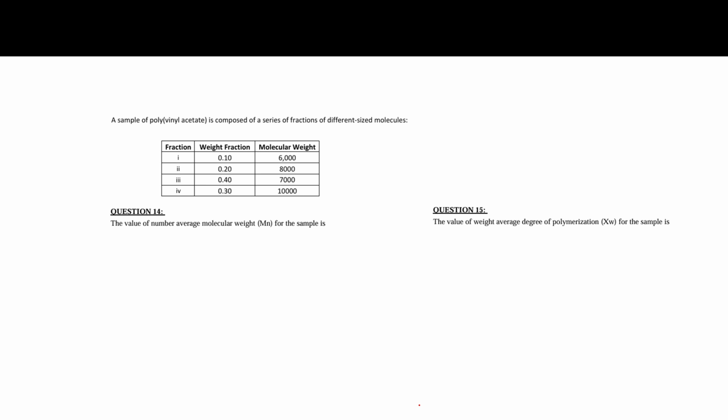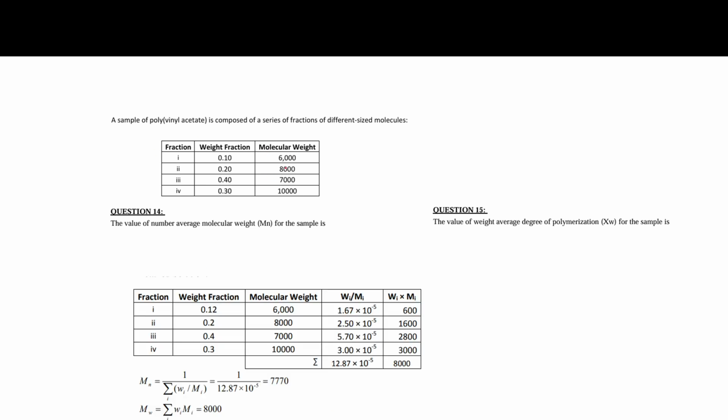Then the next question. You have to know the relation between the weight fraction and molecular weight. Then we can calculate this equation. For Mw, I have already given that equation, the weight fraction Wi into Mi. If you know the weight fraction and molecular weight, we can calculate that Mw.